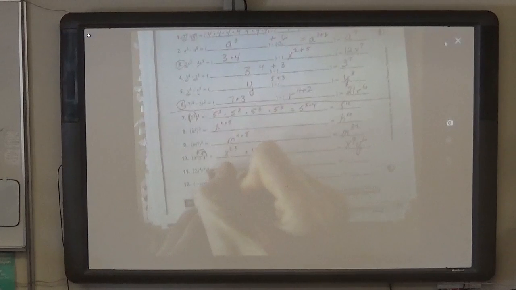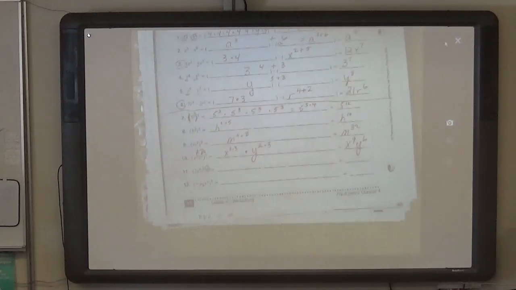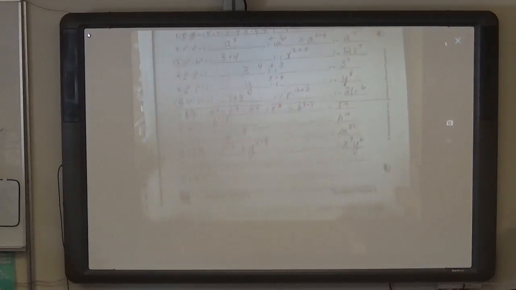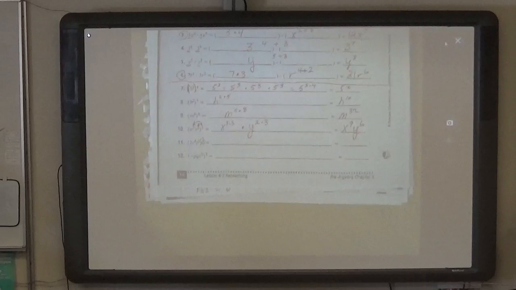Now, this 4th power goes to everything in the parentheses. Everything is being taken to the 4th power. The power is being multiplied by 4, and the number is being taken to the 4th power.